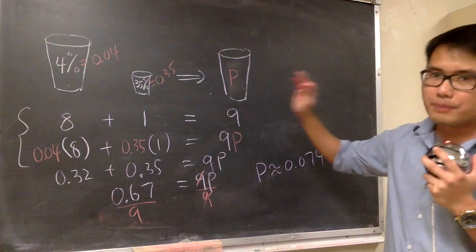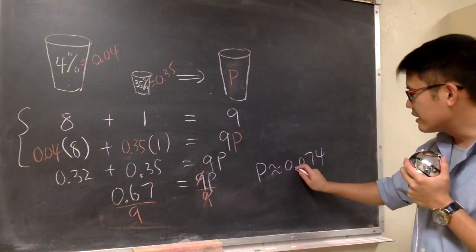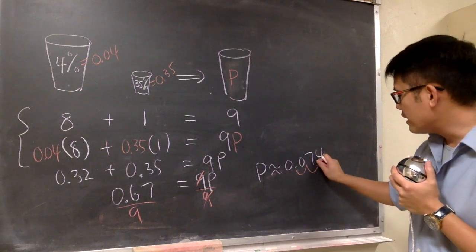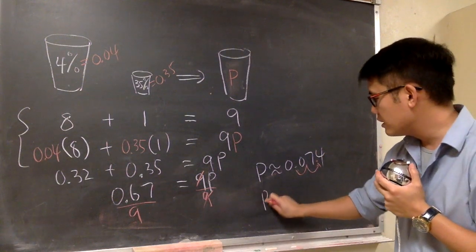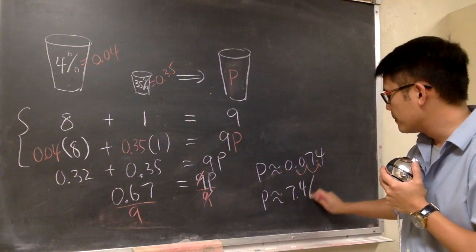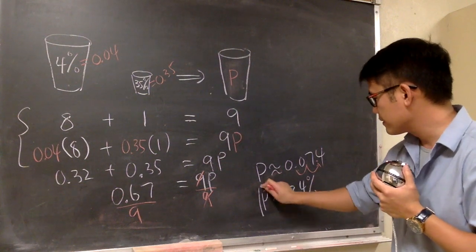Well, we need to find the percent, right? Therefore, let me take the decimal point and move it twice to the right. And at the end, P is approximately 7.4%.